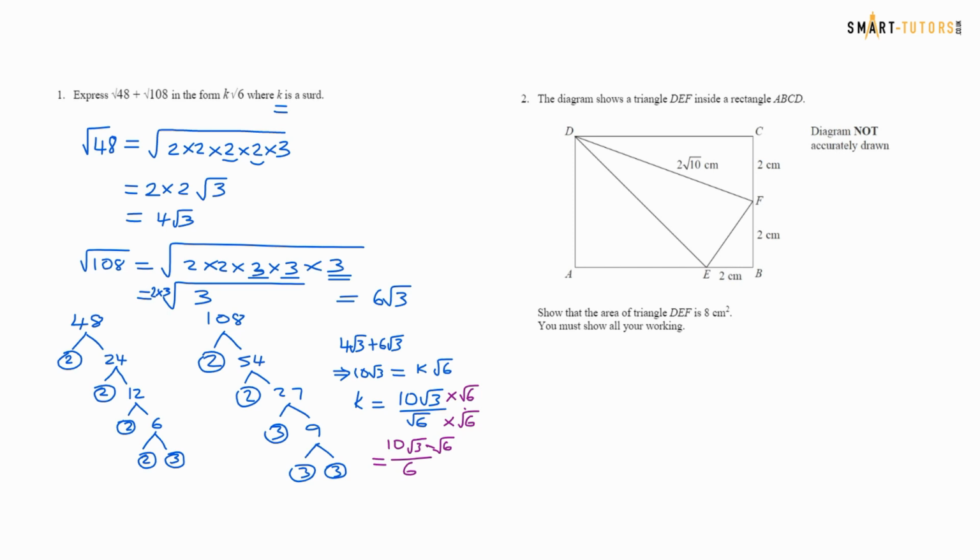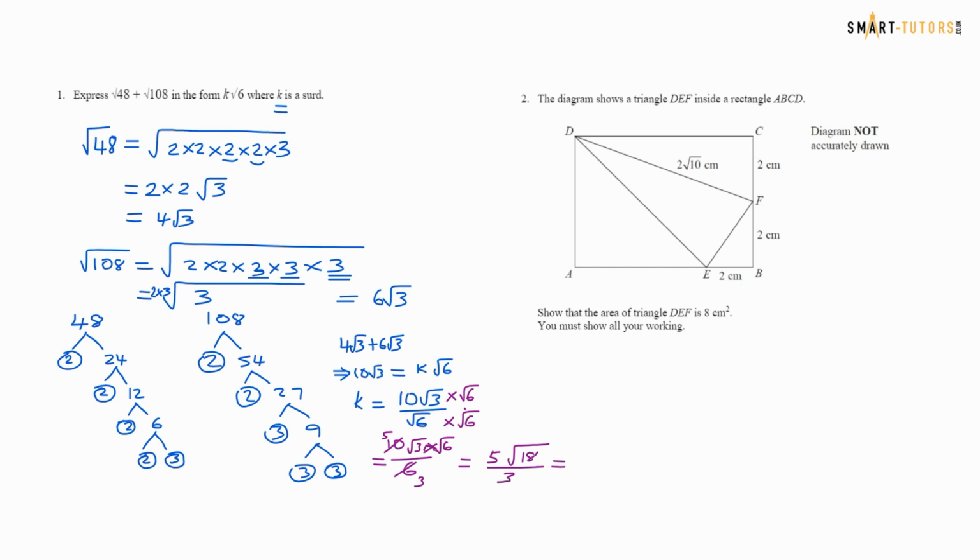Let's simplify a little bit more. 2 goes into 5 and 2 goes into 3. So what we ended up with is 5 square root of 3 times 6 is 18 over 3.